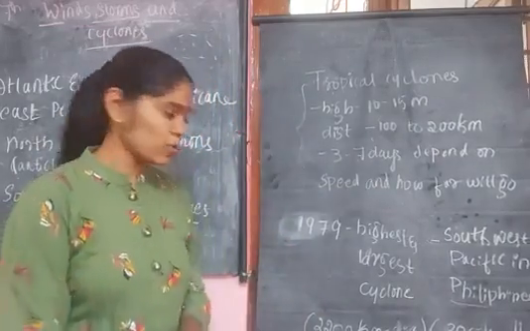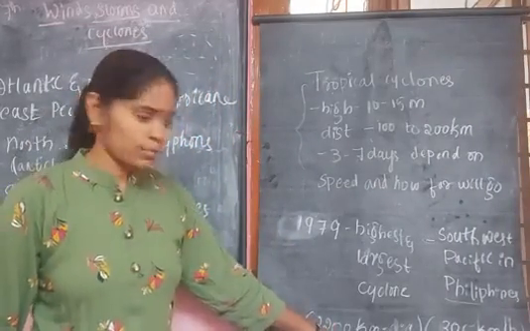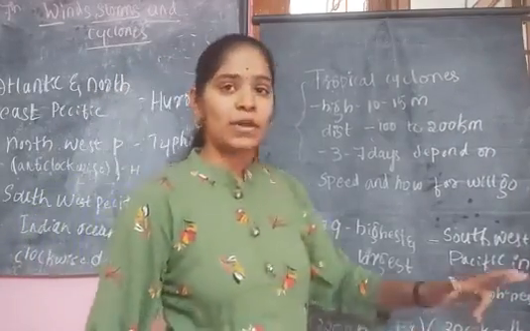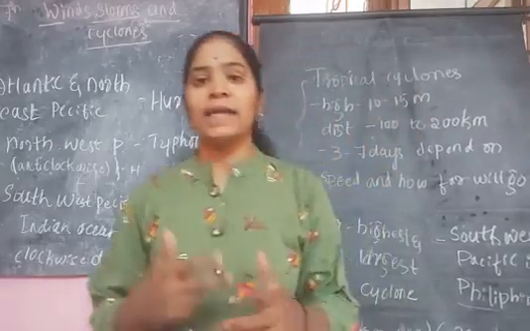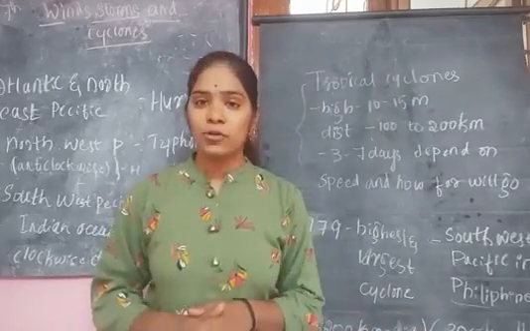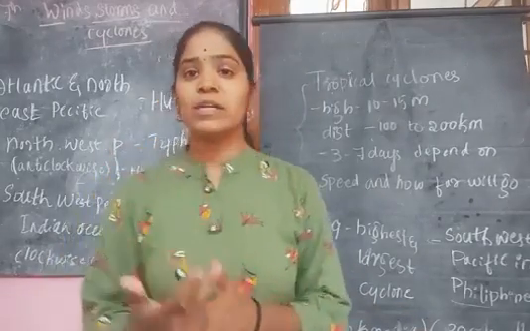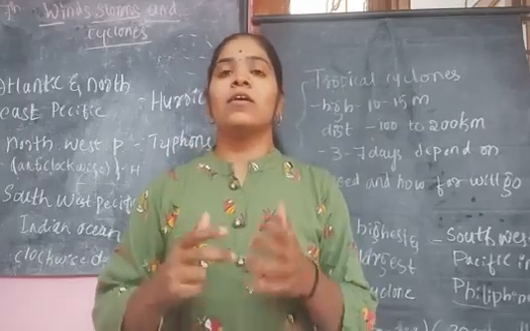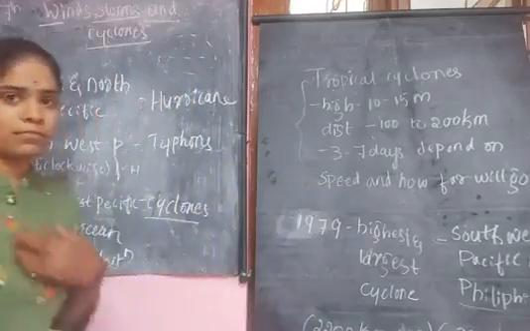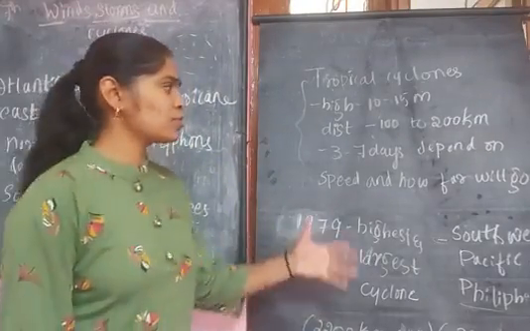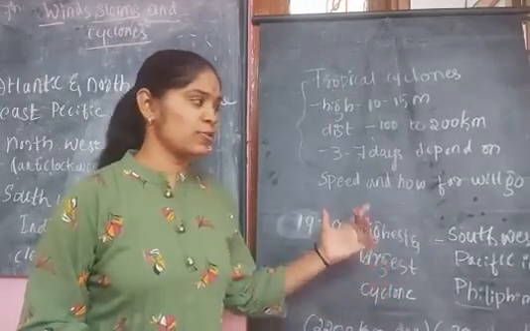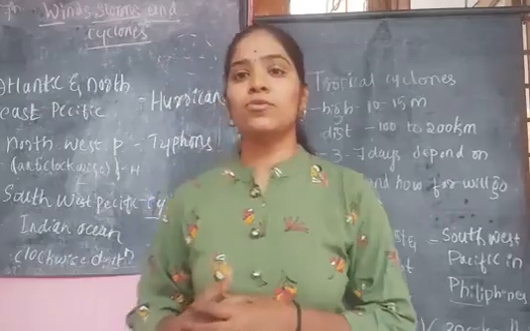The range of the cyclone is 2200 kilometers, meaning it covers a distance of 2200 kilometers, and the wind speed is 305 kilometers per hour. This is all about tropical cyclones and the largest cyclone recorded.